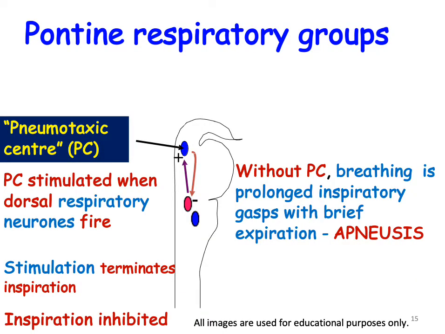So, what is the role of the pneumotaxic center or PC? The PC will be stimulated when the DRG or dorsal respiratory group neurons fire. This is a negative feedback mechanism. So every time the DRG fires, the PC will be stimulated, and the PC will inhibit the inspiration.